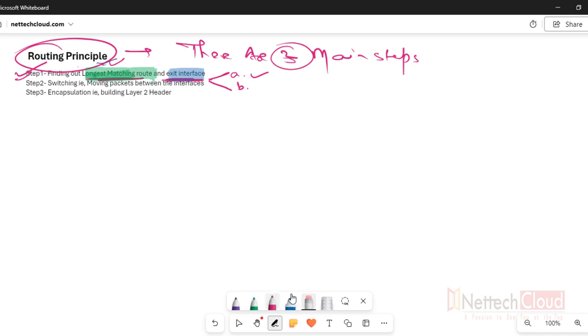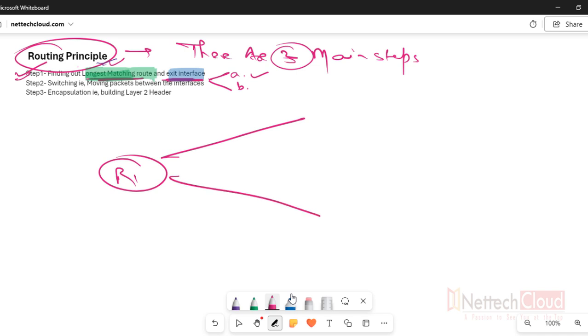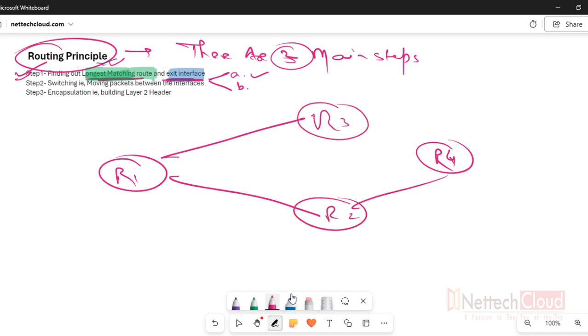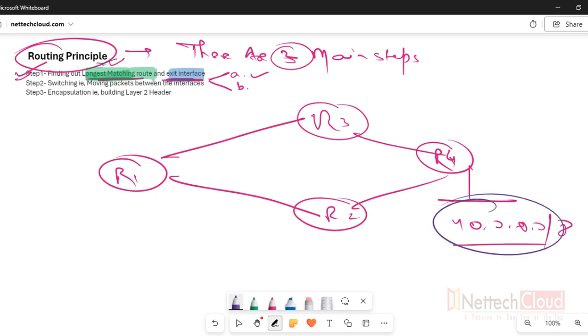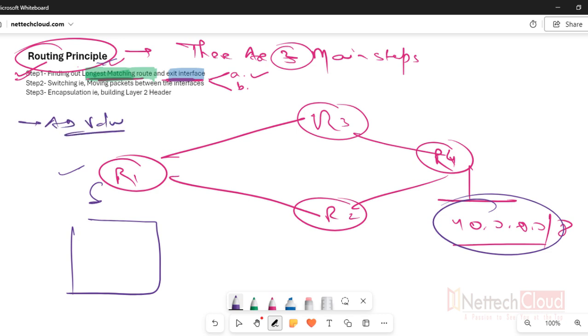That's something different, right? For example, if there are two different routes to reach the destination, maybe the destination is here, R4, R3 via R2, right? Destination is 40.0.0.0/8. So if there are two different ways to reach the destination, that is 40.0.0.0, which route will be installed in the routing table is determined first on the basis of AD value.